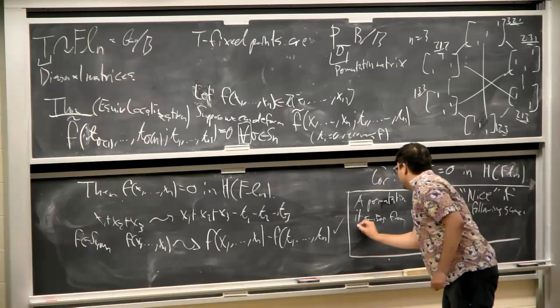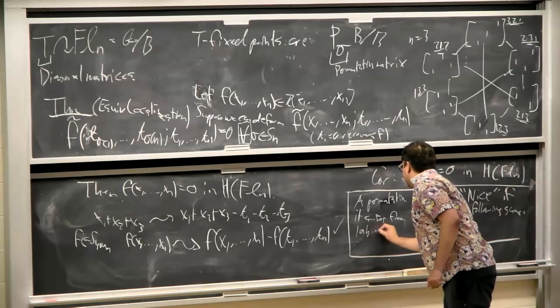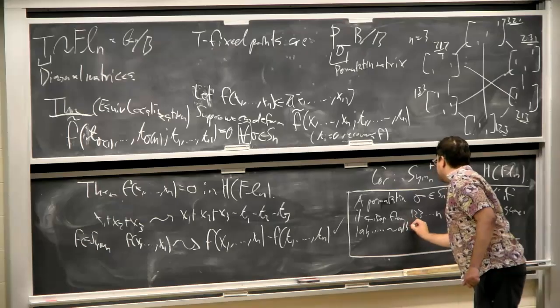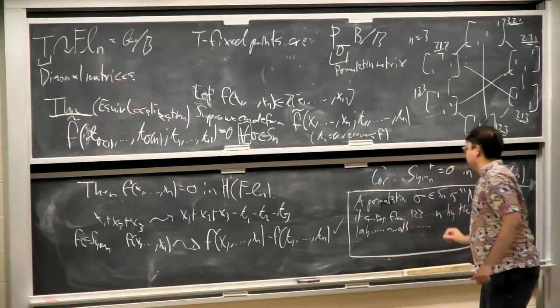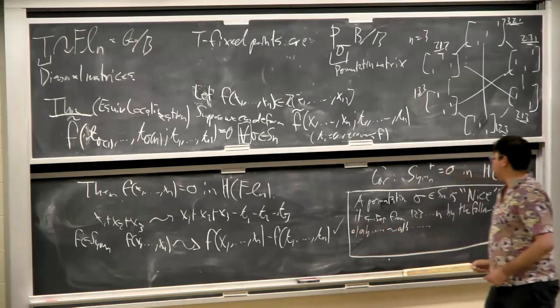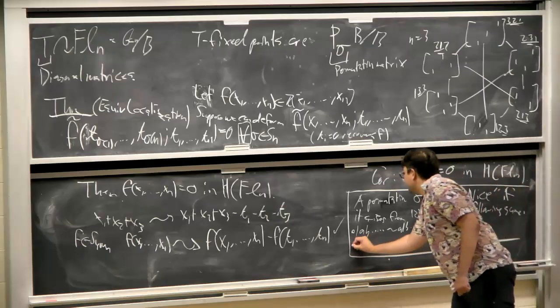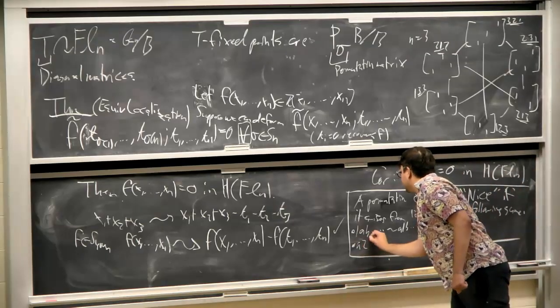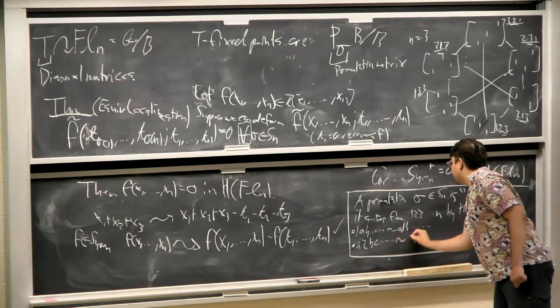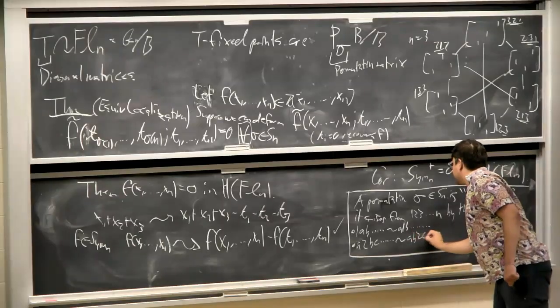So the game says, if 1 is in the first position, I can swap positions 1 and 2. Okay, so that's the first thing I'm allowed to do. The next thing I can do is if 2 is in the second position, I'm allowed to swap positions 2 and 3.